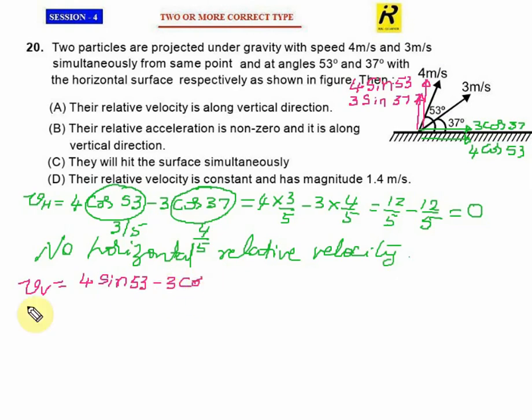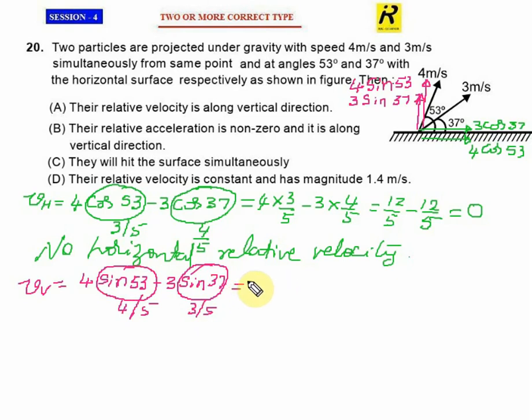Sine, I should write sine here, 3 sine 37. So you must know sine 53 is 4 by 5, and sine 37 is 3 by 5.